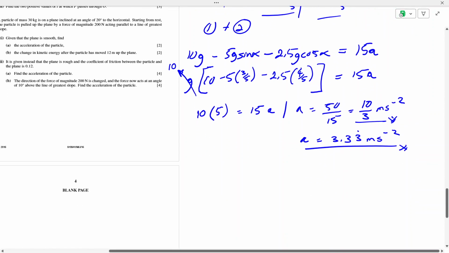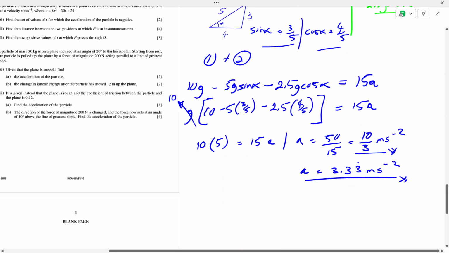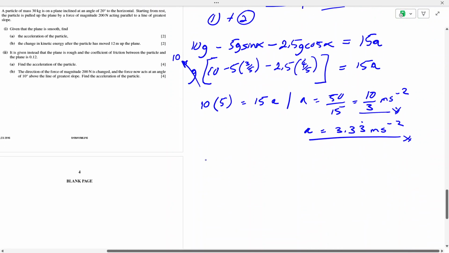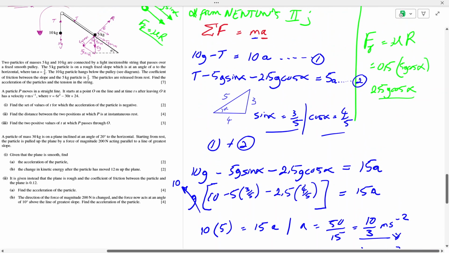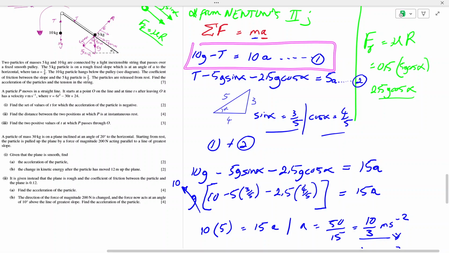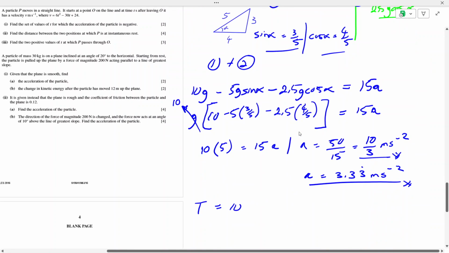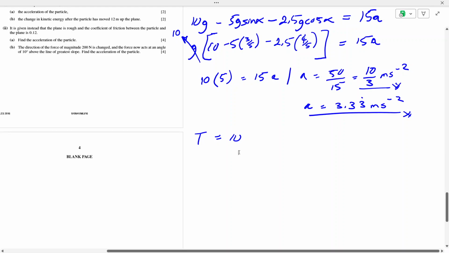Right. Now to find T, since it's a simultaneous equation, I'm going to use equation 1. There's equation 1. Right, let me copy it so that you're not lost. Right, there you go. That's equation 1.